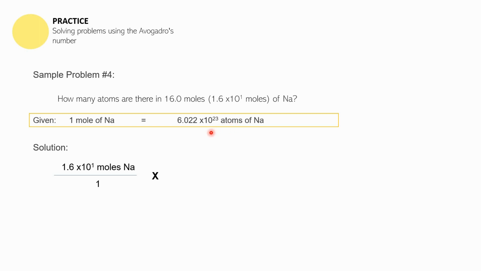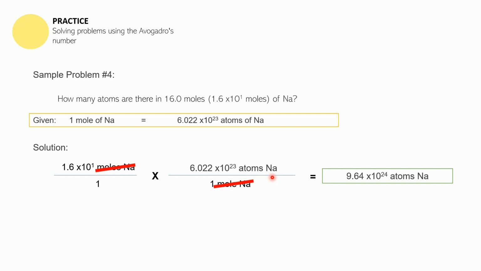sodium. Okay, so you put 6.022 times 10 raised to the 23rd power atoms of sodium, and you divide that by 1 mole. So basically, you multiply 1.6 with 6.022, and then their exponents are to be added. Okay, so you just cancel these out, and you will be getting the following answer. 9.64 times 10 raised to the 24th power atoms of sodium.